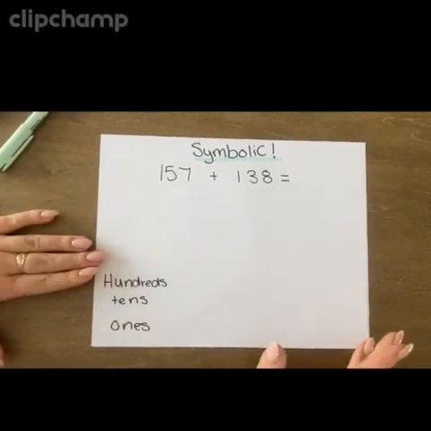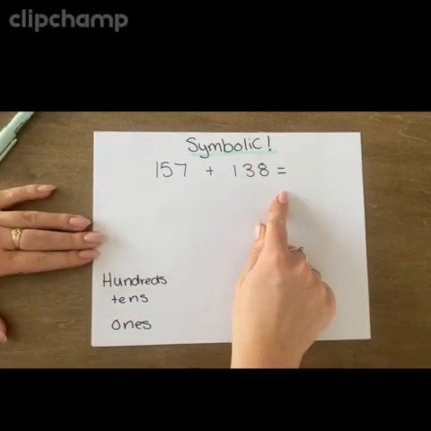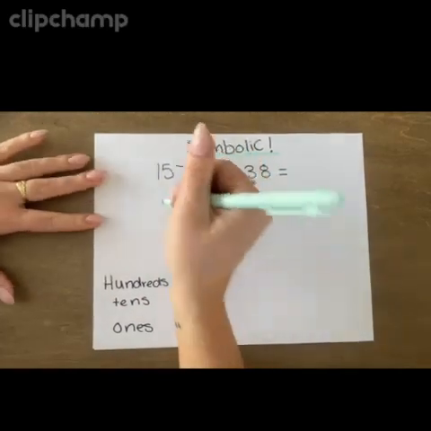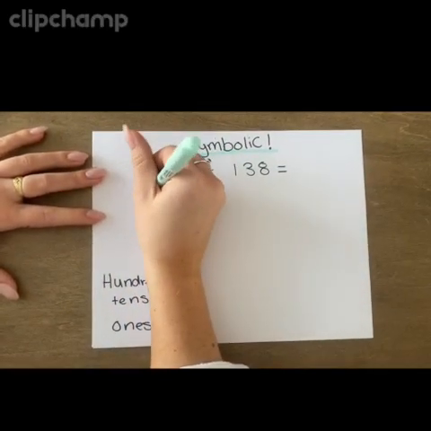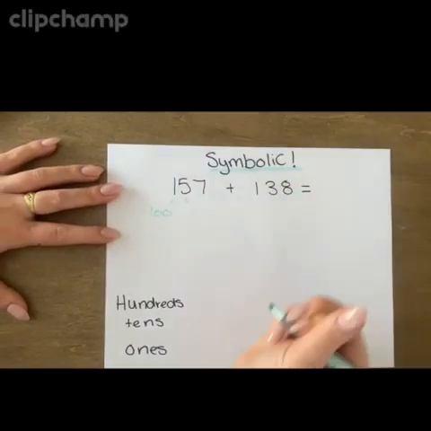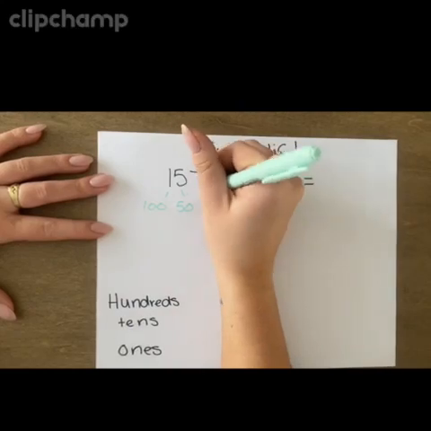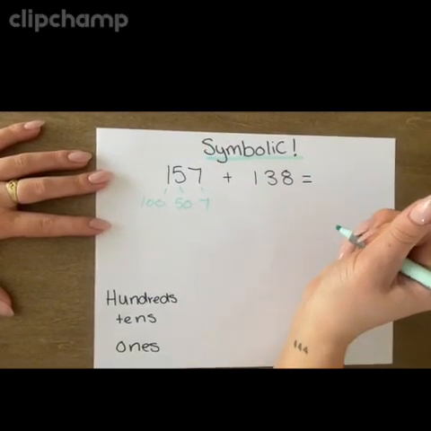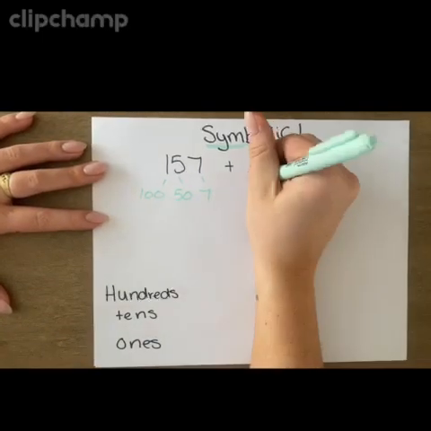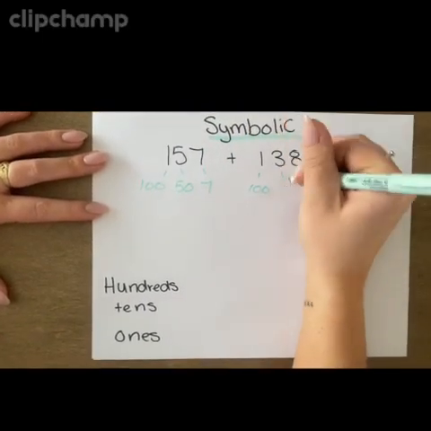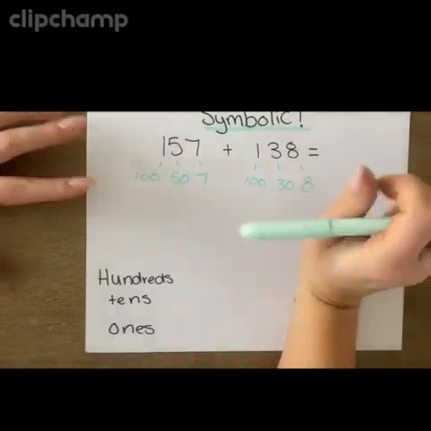So now for the symbolic, we are going to break these down and collect similar terms. So we can separate this into 100 and then 50 tens and 7 ones. And then moving on to 138, we'll do the same, similar: 100, 30 tens, and 8 ones.